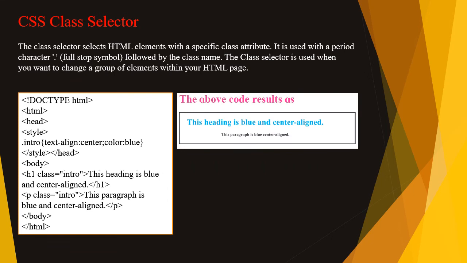Next is the class selector. A class selector selects HTML elements with a specific class attribute, and a class selector starts with, or is recognized by, the period character, the period operator, followed by the class name. For example, here we have taken .intro. Intro is our class selector, and text alignment is again center and color blue.